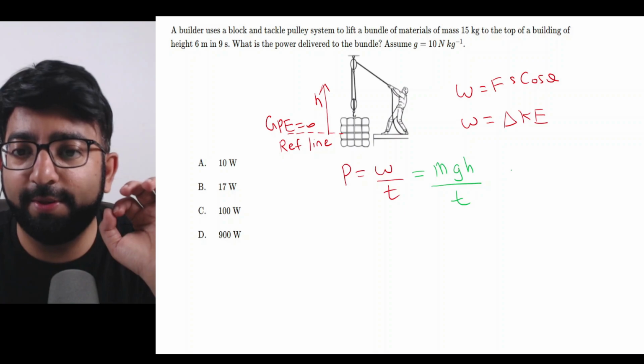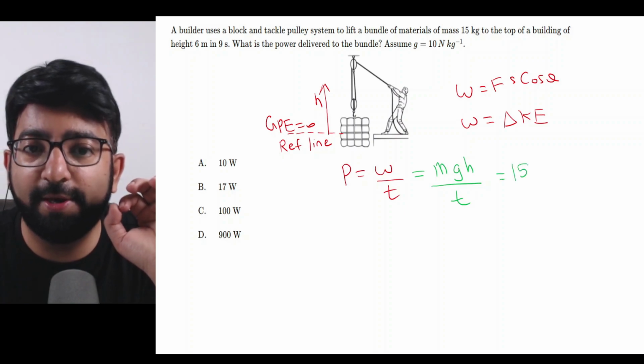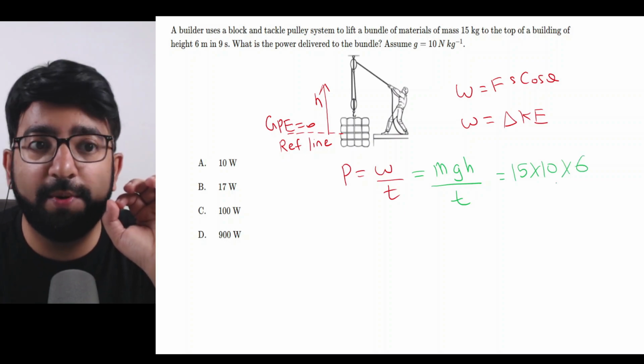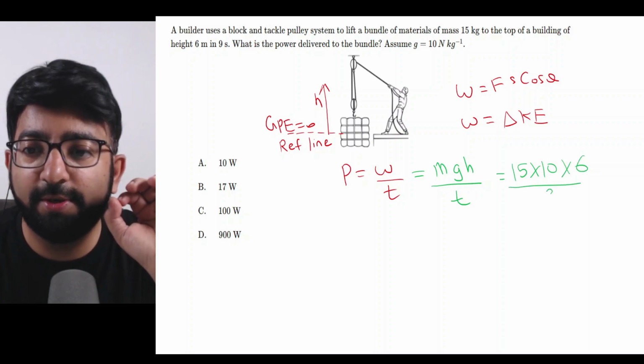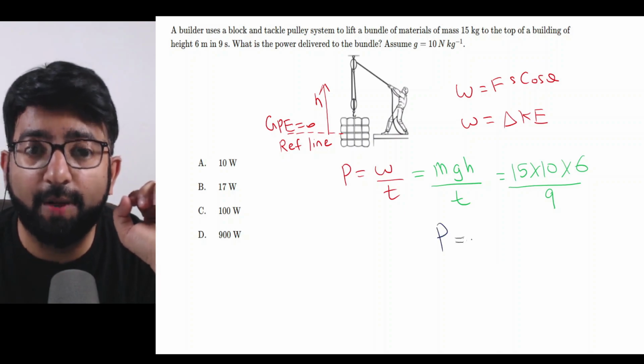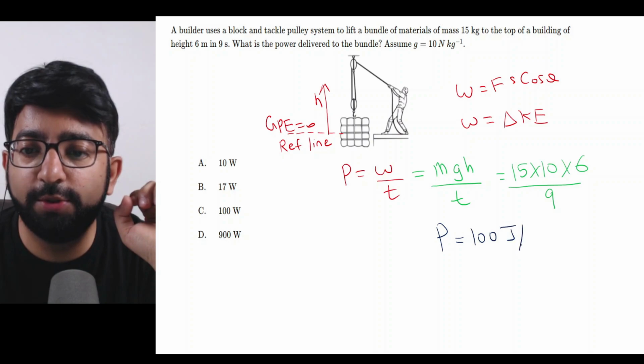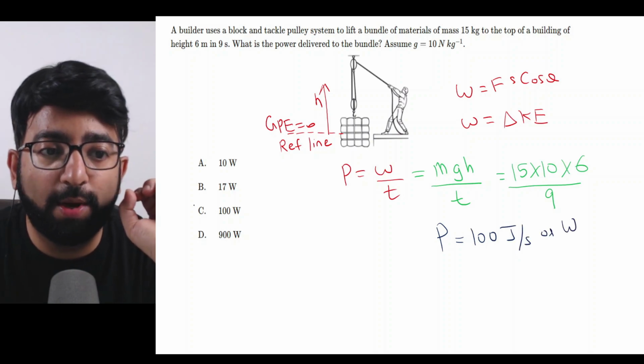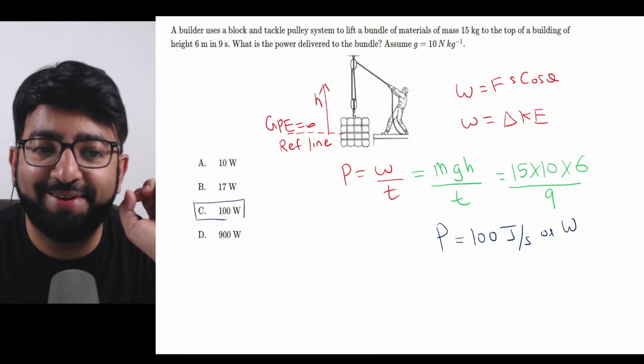So that's it. Let's put all the values in. Mass is 15 kgs, g we can take as 10, height is given as 6 meters, and time is mentioned as 9 seconds. If we simplify this expression, we will get the value of power as 100 joules per second, or we can write that as watt. And that is why option C will be the right answer.